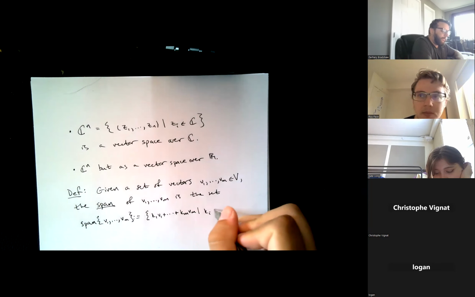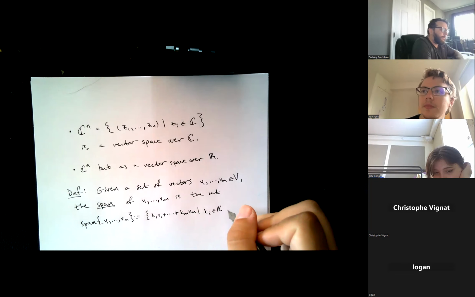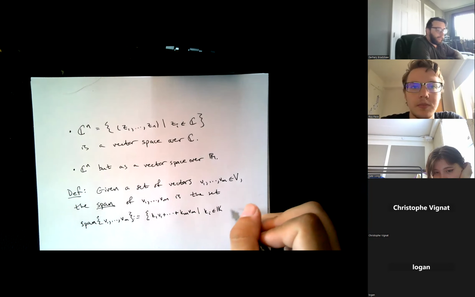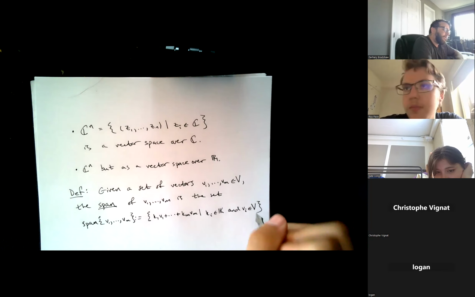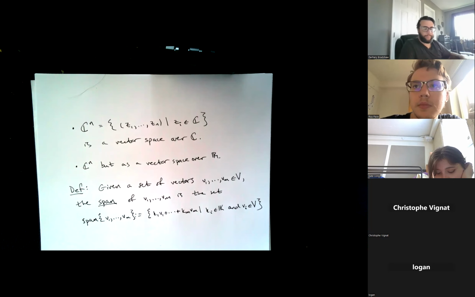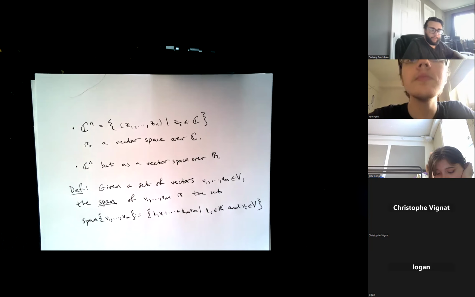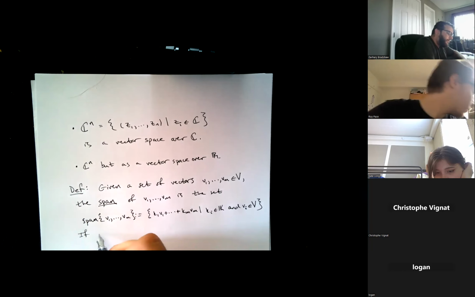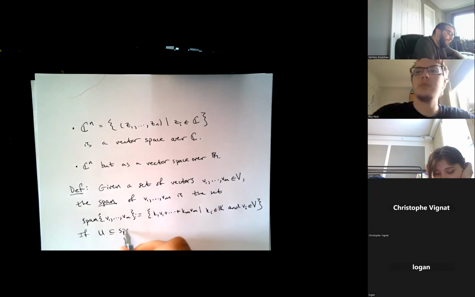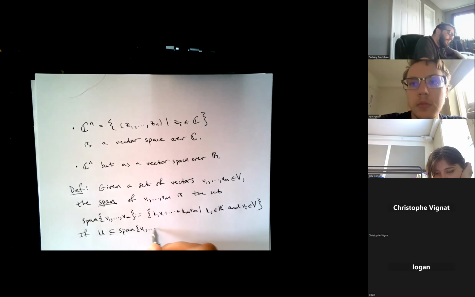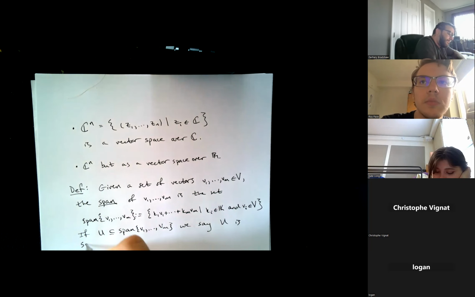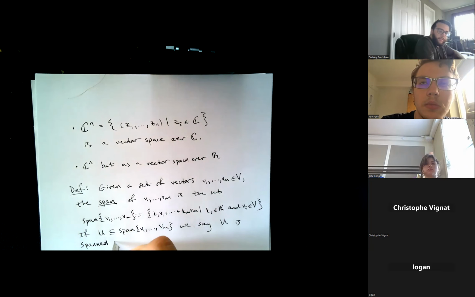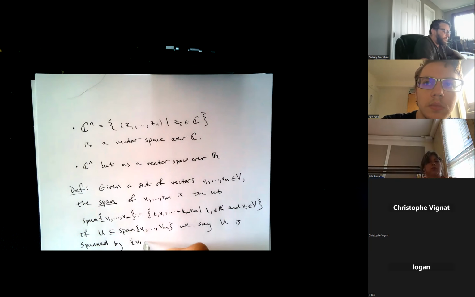So the ki here are elements of our field, which is real numbers or complex numbers, and vi is something from our vector space V. Okay, so if U sits inside of this set, we say U is spanned by v1 through vm.